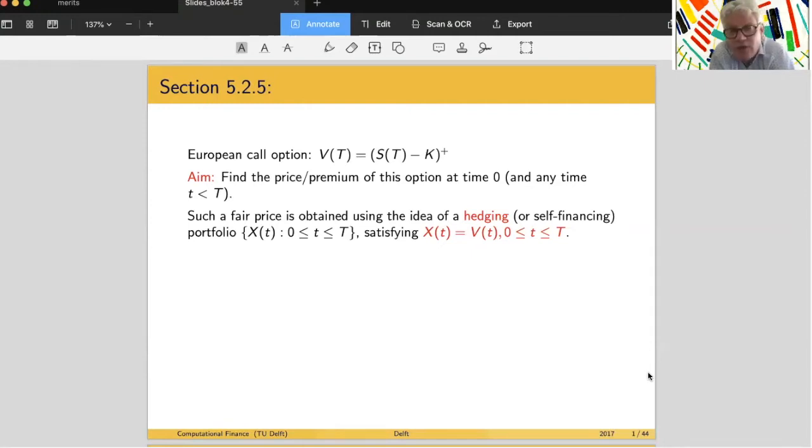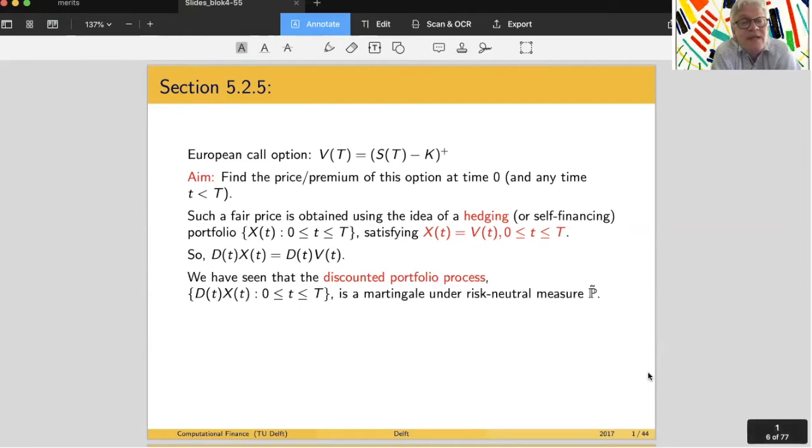And if not, then there should be nothing left. So this is like the fair value of the option. At every time, the portfolio should replicate the value of the option. So also the discounted portfolio process should equal the discounted option value.